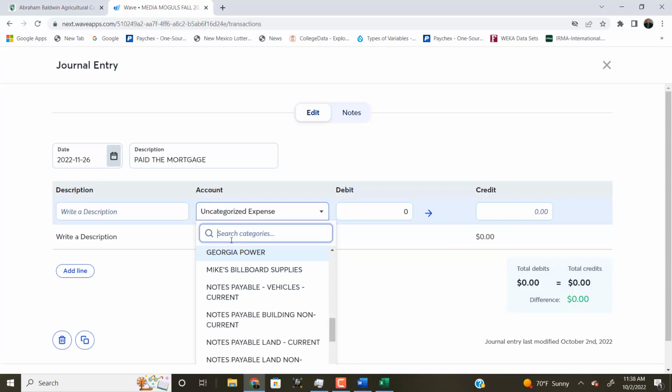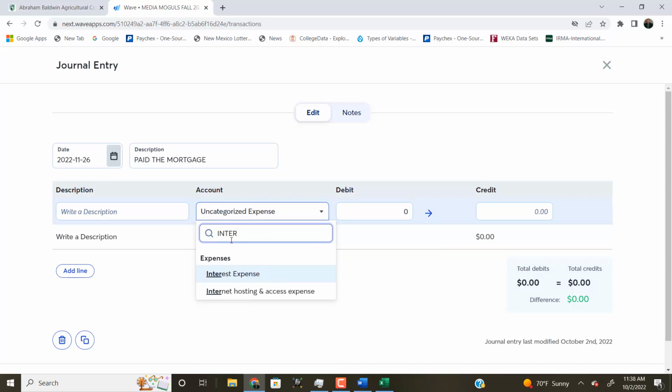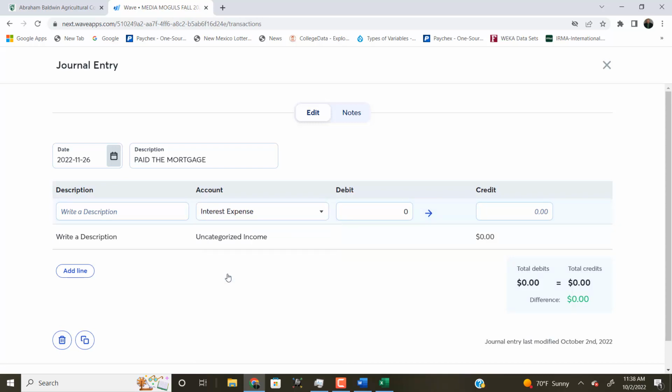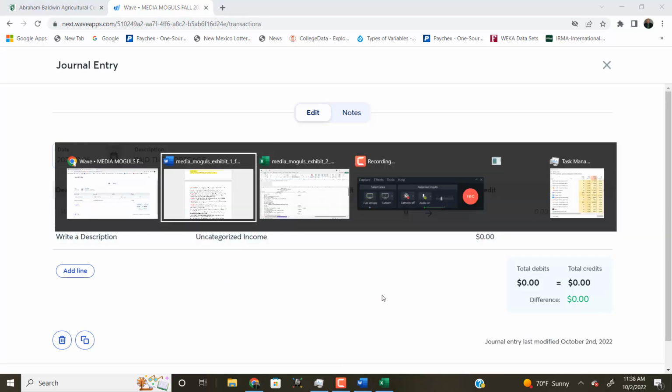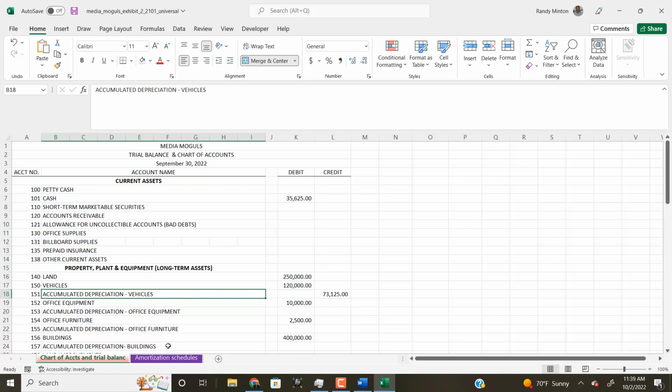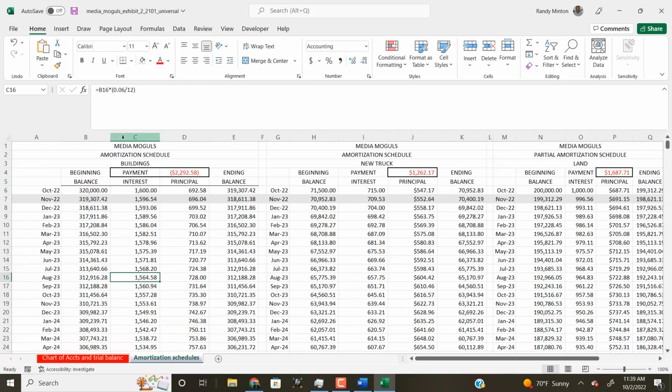And sometimes, like I say, it's easier to type it in. And there's interest expense. And now we have to go to the Excel sheet and find amortization schedules. Here's your building. And this is November, so we have to make sure we pick up November. 1596.54 is the interest expense.